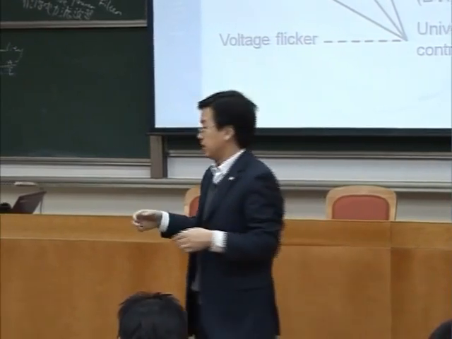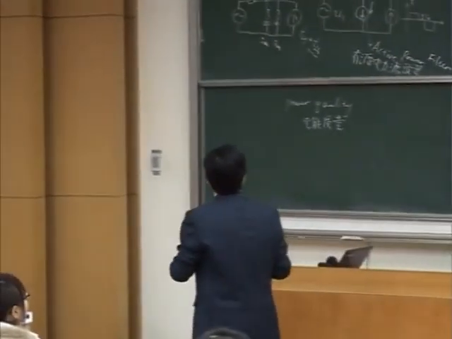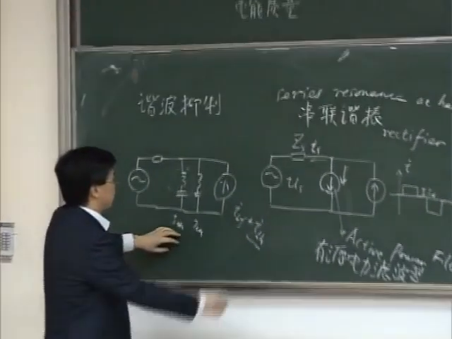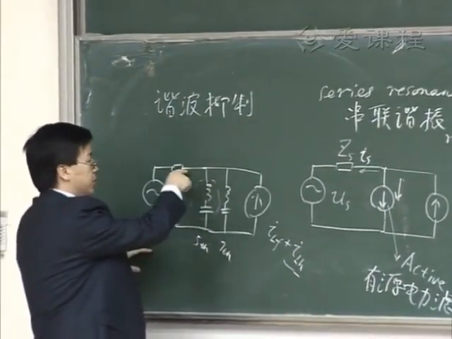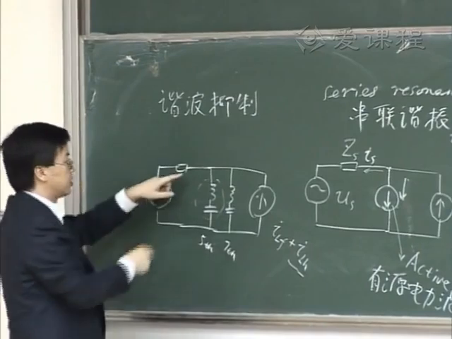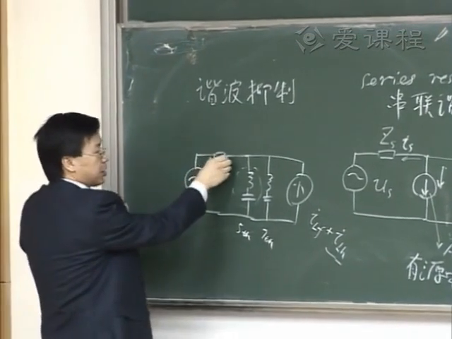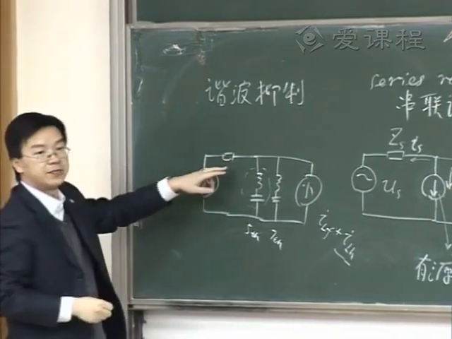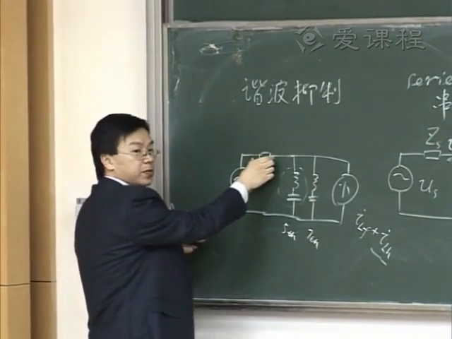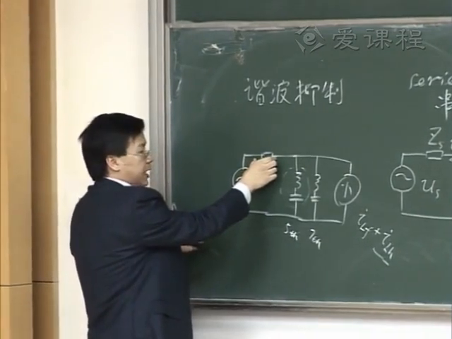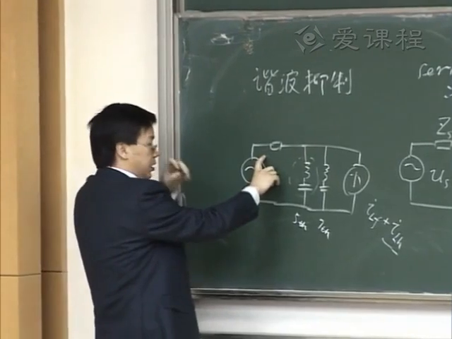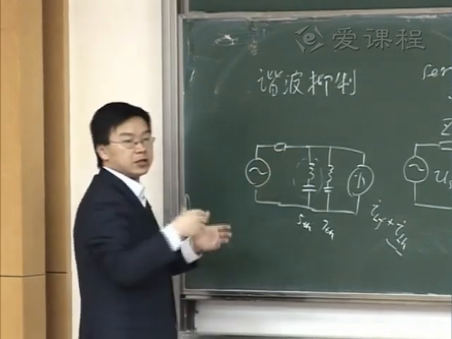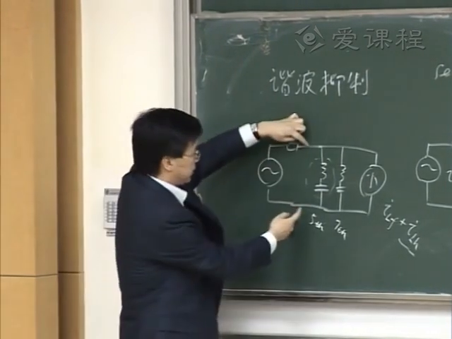But if there is a lot of harmonics generated into the utility source, that harmonic current will cause a harmonic voltage drop on the equivalent impedance of the utility. That harmonic voltage drop adding up to the original utility voltage source will cause the harmonic voltage between these 2 points.